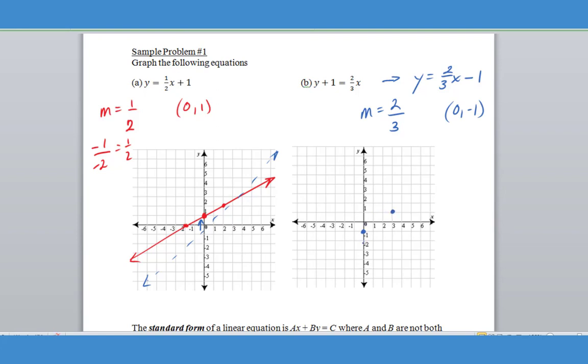I could also go down 2 and backwards 3, and notice it's a positive slope, so I know the line should be going up from left to right. I did a terrible job of drawing that through the 3 points, but hopefully you're using a straight edge to do this correctly. So that's a quick introduction to graphing lines in slope-intercept form. Hopefully you learned that very well in Algebra 1, and that was just a quick review.